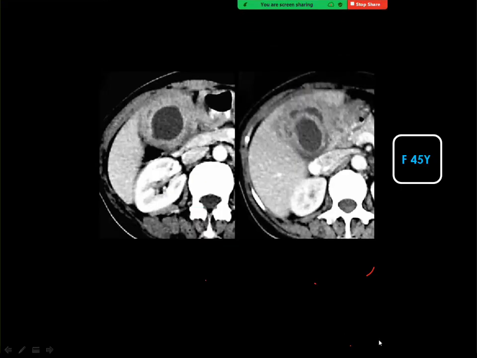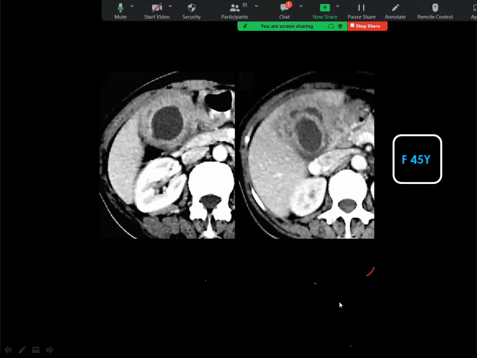Xanthogranulomatous, yes, xanthogranulomatous cholecystitis. Xanthogranulomatous cholecystitis is identified by two important criteria. Number one, diffuse thickening of the gallbladder wall and enhancement. Sometimes you get cystic changes within the thick wall.